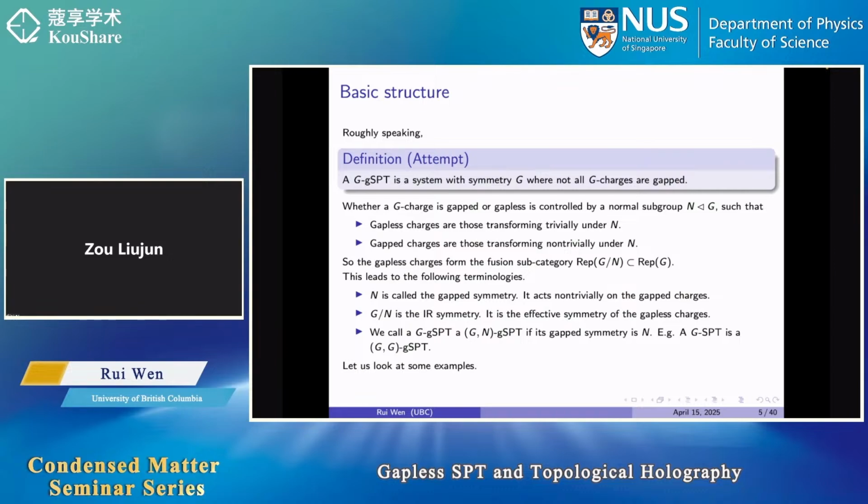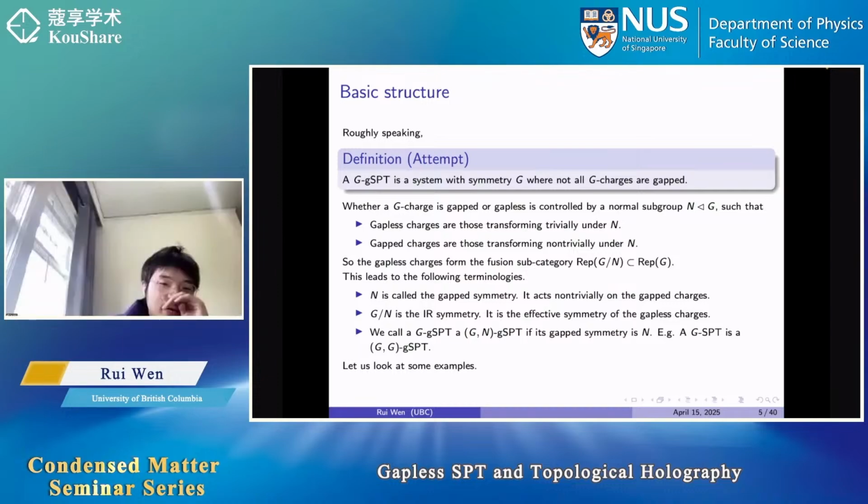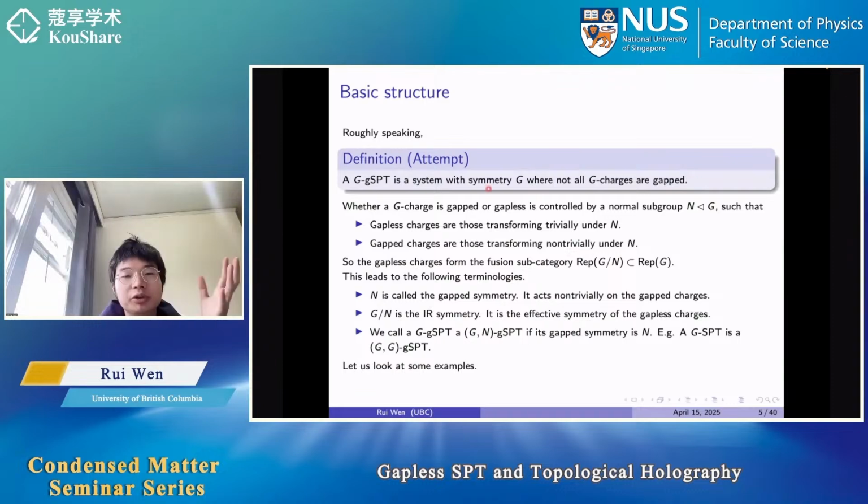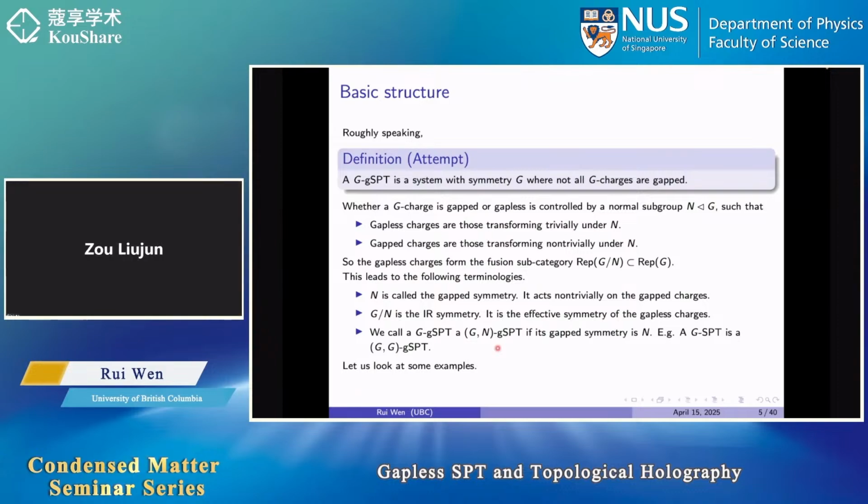In this definition, you still require something to be gapped. Basically, I want to clarify what is not a gapless SPT by this definition. If everything is gapless, then you don't call it gapless SPT, right? Oh, I think we still call that gapless SPT. That would be like G/1 if you take N to be the trivial group, where all the charges are gapless.